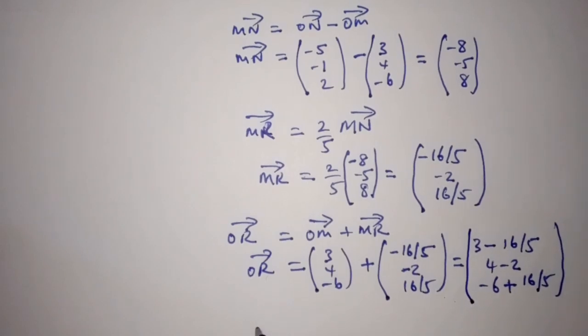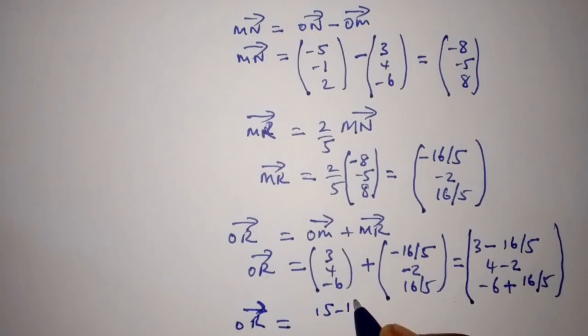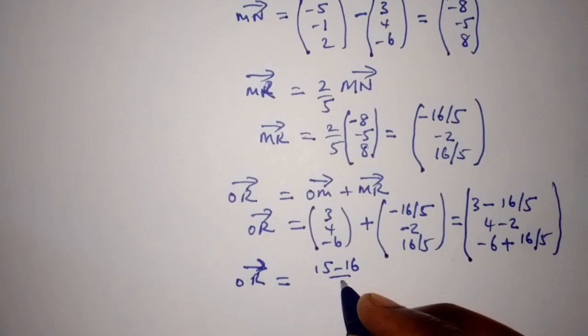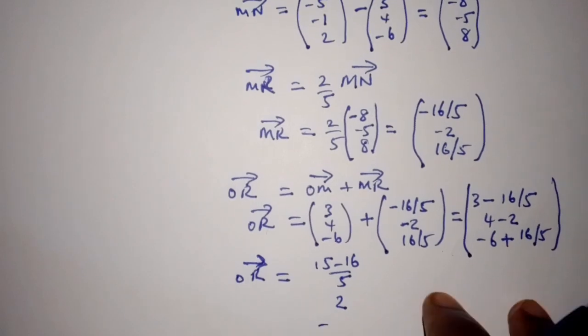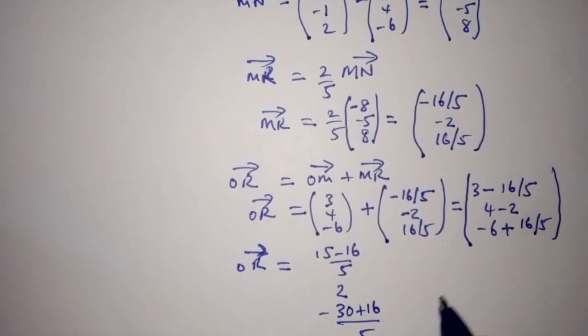And this is going to give us vector OR equal to ((15 - 16)/5, 2, (-30 + 16)/5).